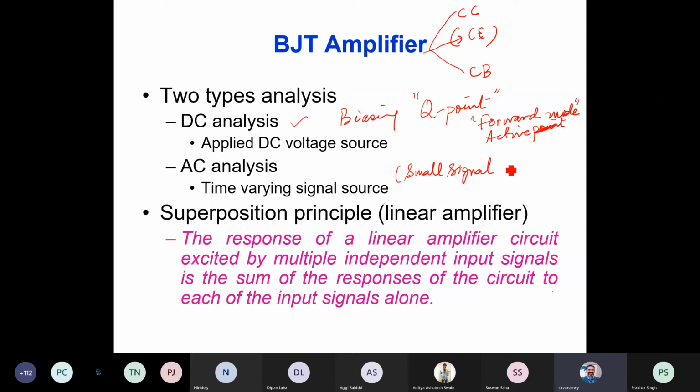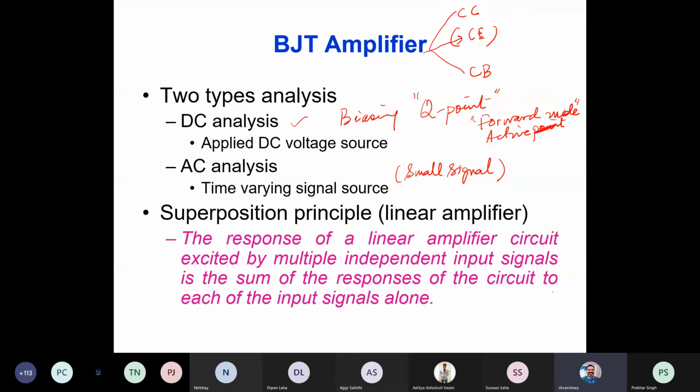A small signal means the amplitude of the signal applied to the BJT circuit should be smaller than the thermal voltage. That's what we are talking about.